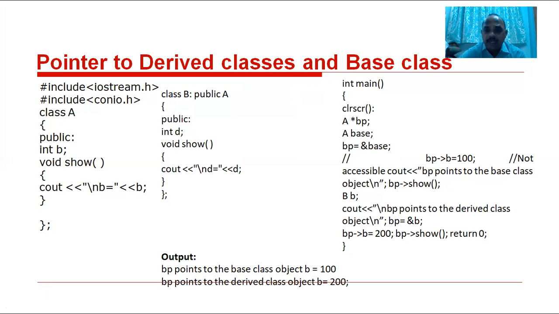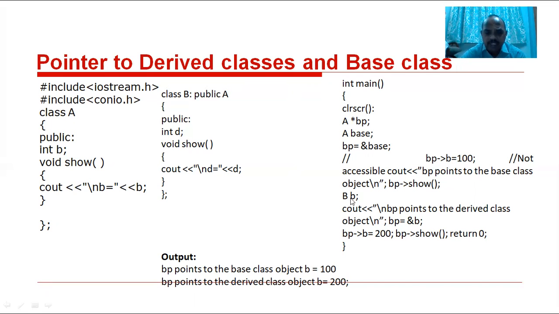But BP arrow B equal to 100, it will not accept. Clear? Then the next one is cout BP points to the base class object, then BP arrow show. Here simply the show function of the base class will execute.